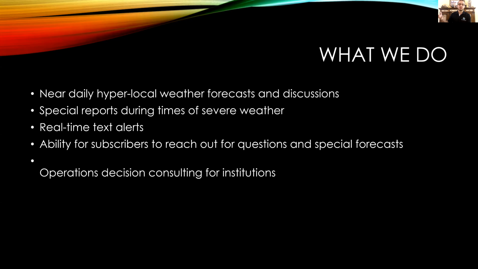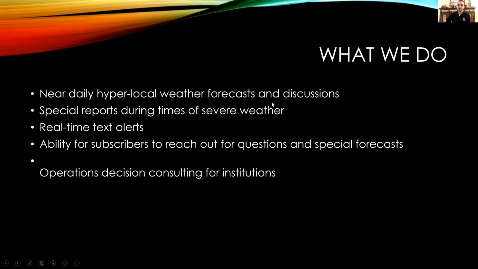So we try to not only make the forecast more specific to your town, because when you go on the weather.com app, there's no Meriden, Connecticut meteorologist for the Weather Channel. There are meteorologists that forecast for regions, and then artificial intelligence helps to fill it in. So we try to use our knowledge of the local geography and whatnot to make hyperlocal weather forecasts for our regions so we can be more accurate.